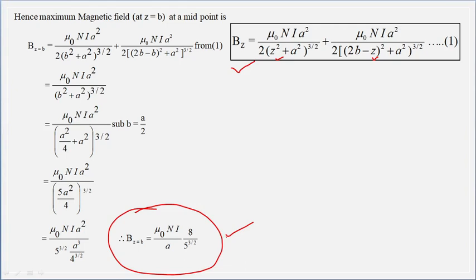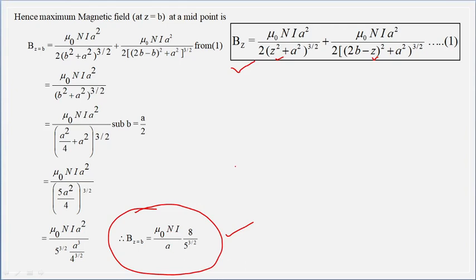If you want a larger field, increase the number of turns. If you increase the number of turns, the field will be larger. If you increase the current, the field will be larger. If you decrease the radius, then the field will be larger. That is how it is done in actual practice. For a Helmholtz coil, suppose you require a certain value of the magnetic field, then we adjust the number of turns, current, and the radius.